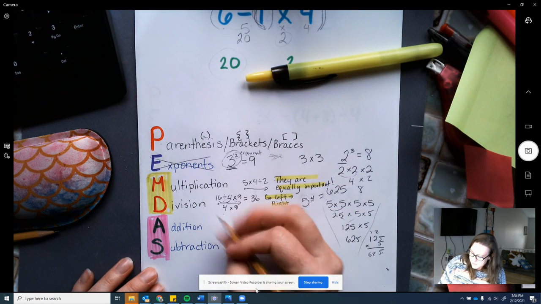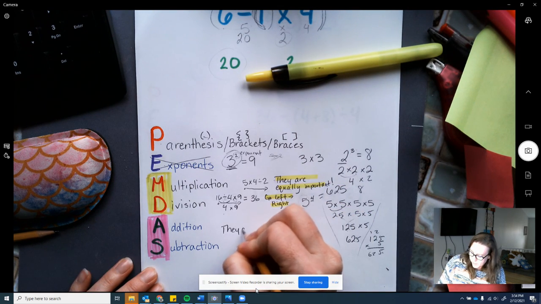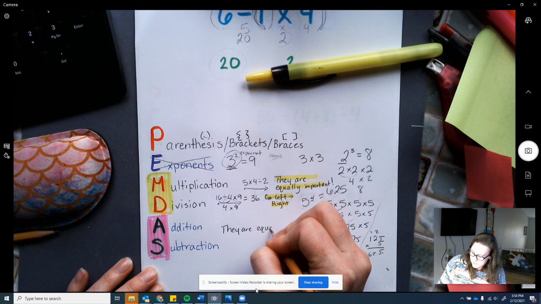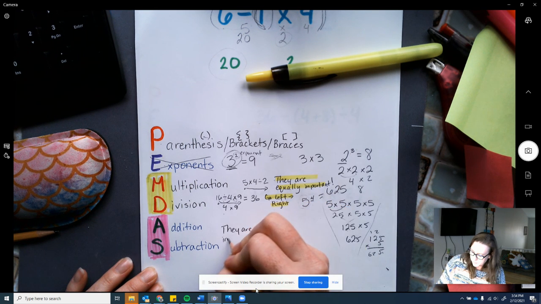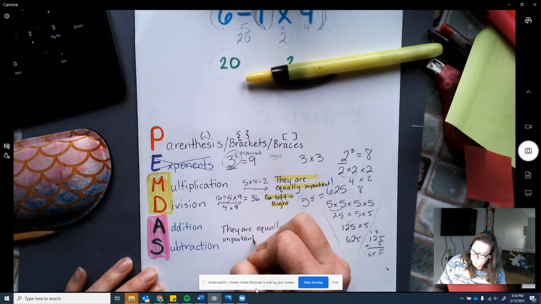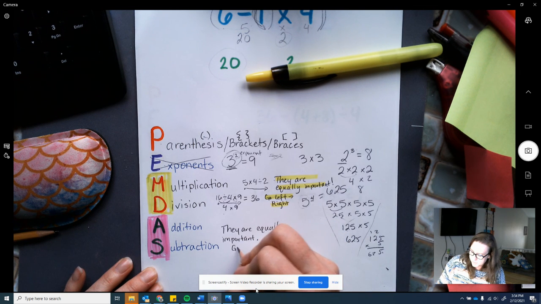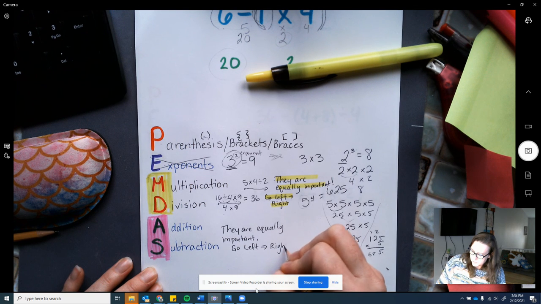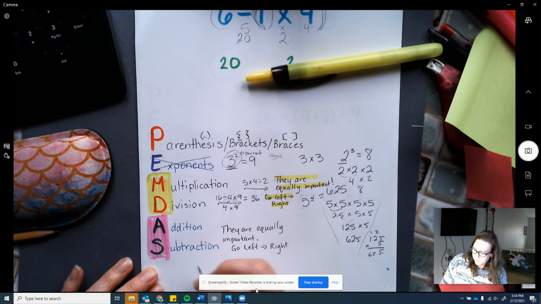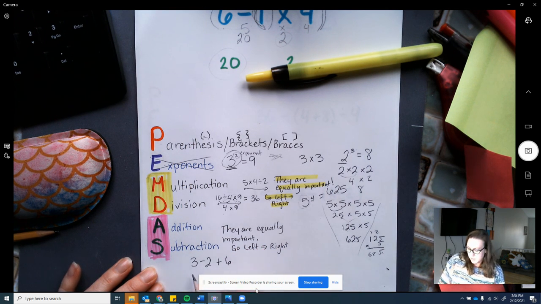They are equally important. If both of them exist, you go left to right, just like how you read. So for example, if you have 3 minus 2 plus 6, we just go left to right. So it becomes 3 minus 2 is 1 plus 6. And then our answer becomes 7.